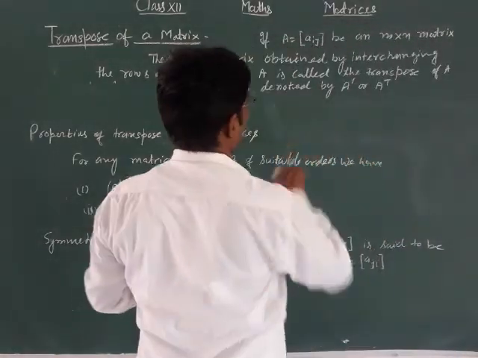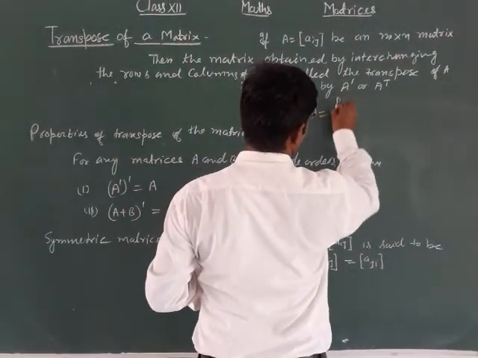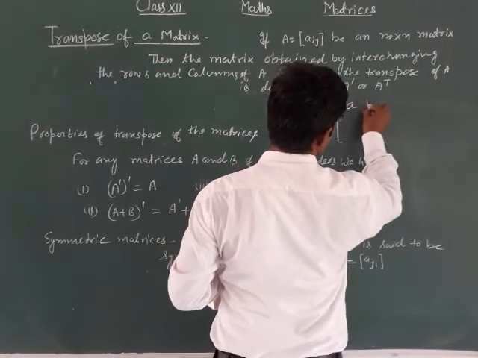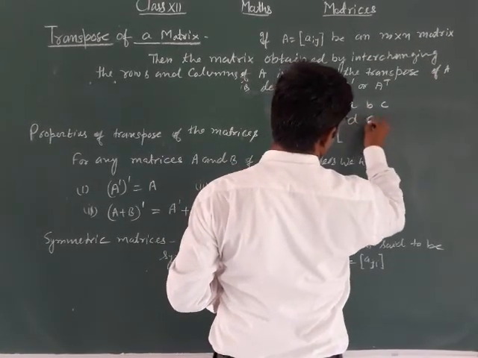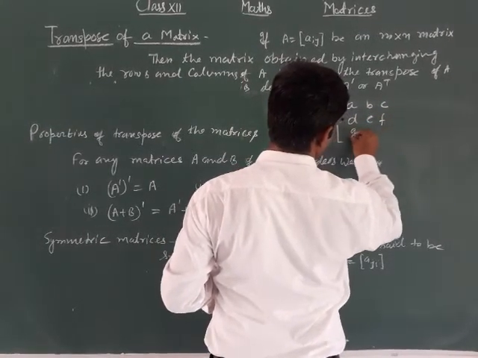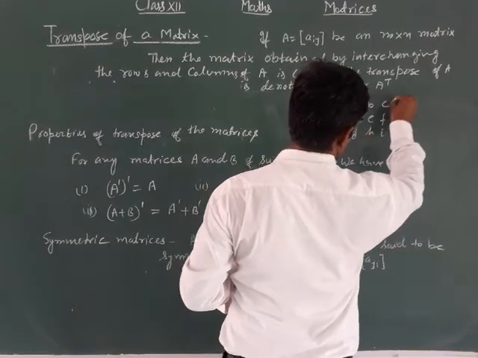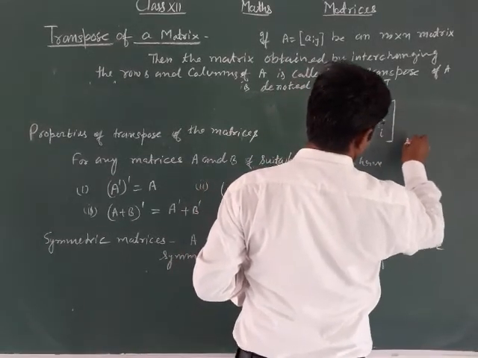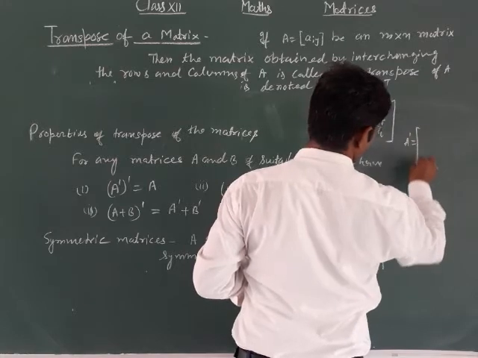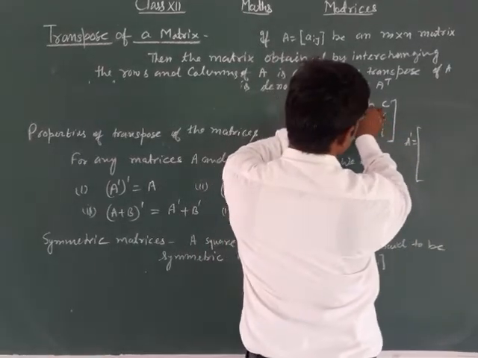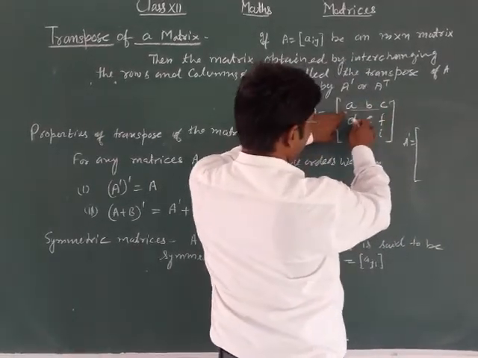Now by another example, let A be the given matrix A, B, C, D, E, F, G, H, I. So A dash is equal to, changing row to column and column to row.